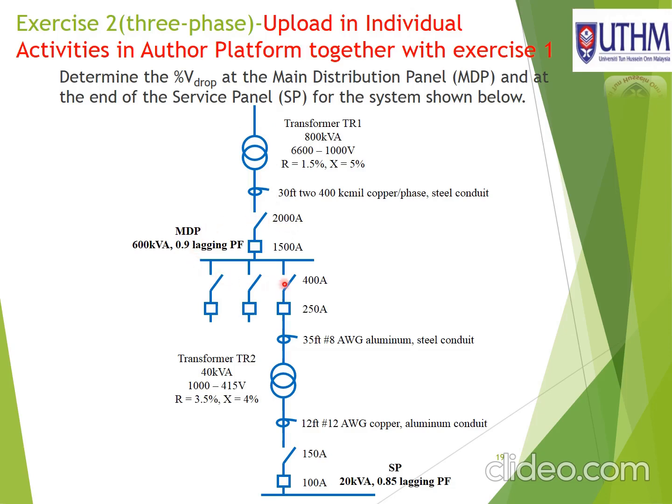This one is for load, also already given the kVA, and then we have cable number 2, transformer number 2, cable number 3, and this one is the load for SP. This one is for 3 phase. Just to remind that for 3 phase, the RL and XL no need to times by 2, because for 3 phase the cable is a one-way connection.